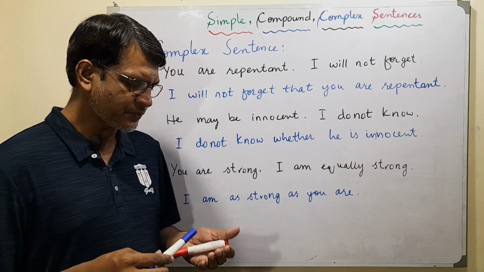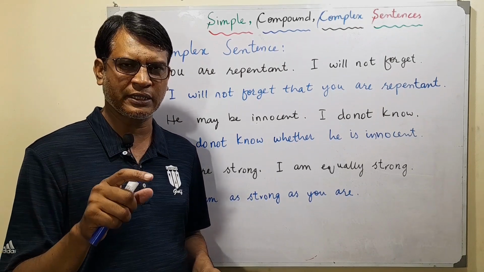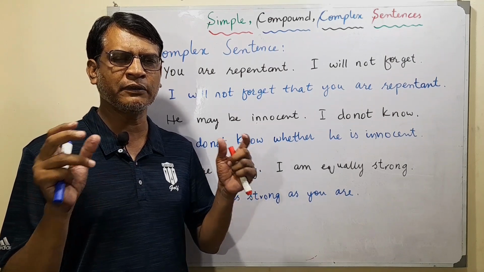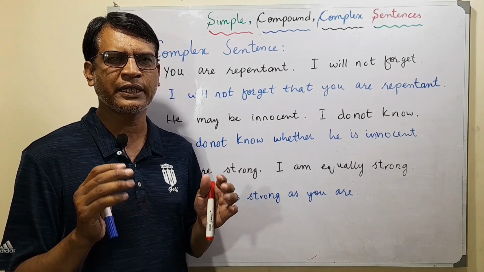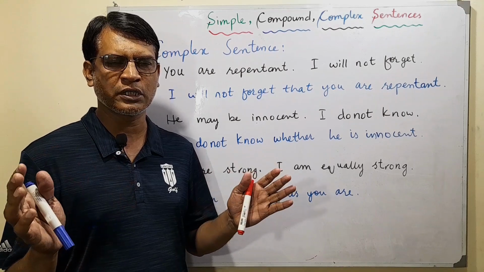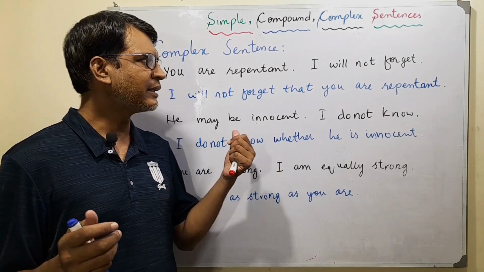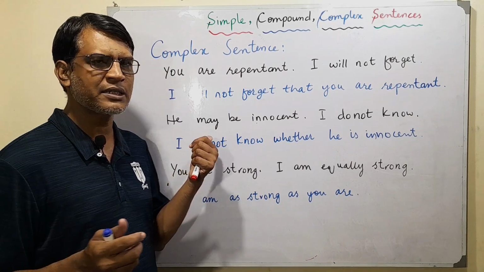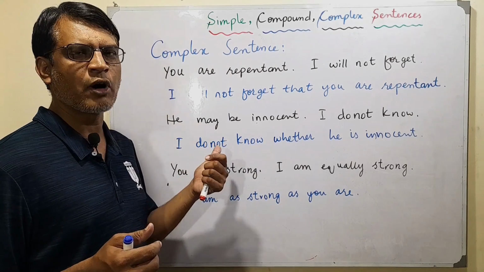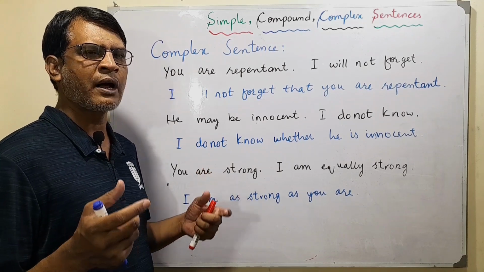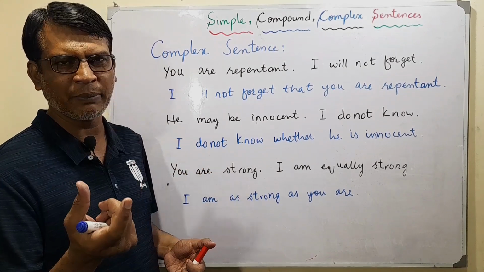In a compound sentence, the clauses are independent and, when separated, have complete meaning. But in a complex sentence, the clauses are one independent, one dependent.